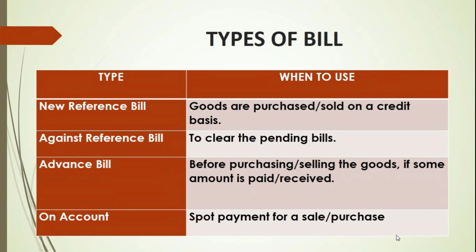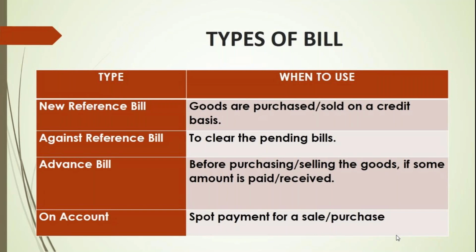So after 2 days, when I make the payment to my supplier and clear the bill, in my Tally, when I'm recording a payment voucher to record the clearance of the bill of my supplier for rupees 2000, that time I have to select the type of bill as against reference, because only against the bill is payment cleared to the supplier.